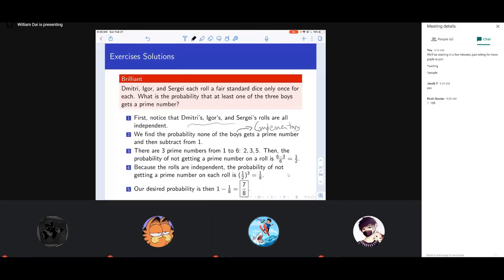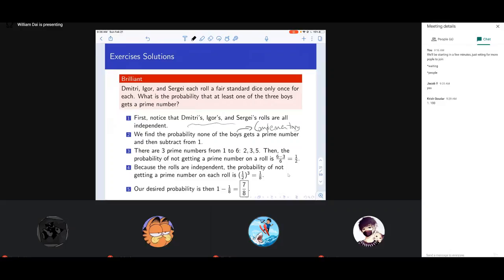We find the complement of this probability, the probability that this doesn't happen. Then because probabilities sum to 1, we just subtract from 1 in the end, and we get our wanted probability.